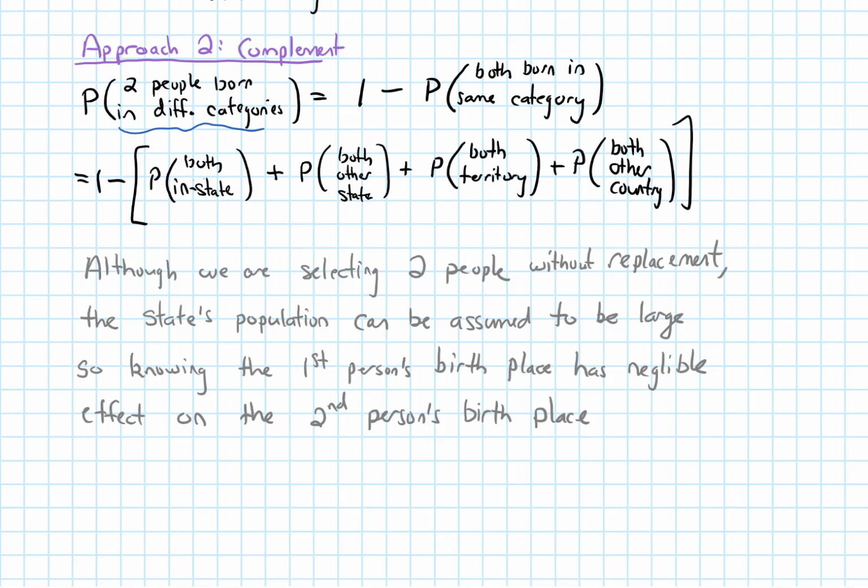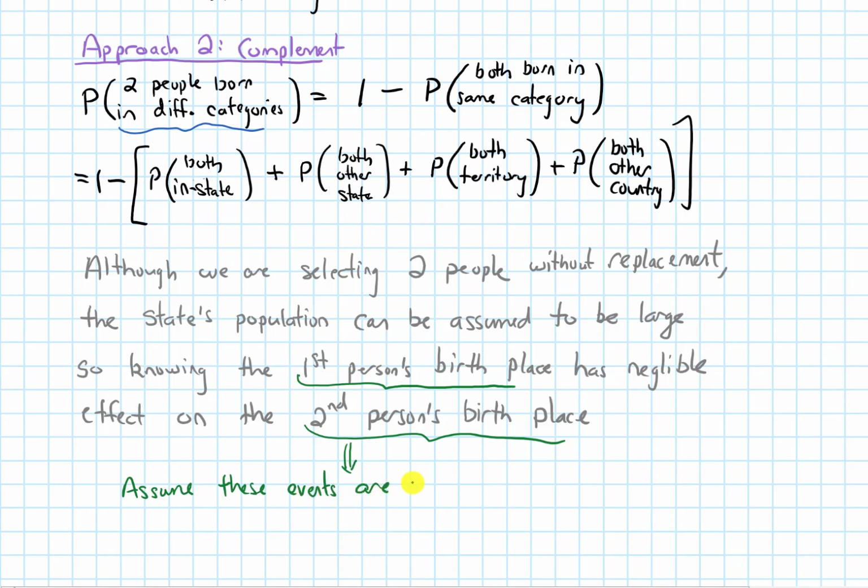That's important for us because when we think about the event where the first person is born and where the second person is born, we get to assume that these events are independent: the first person's birthplace and the second person's birthplace.